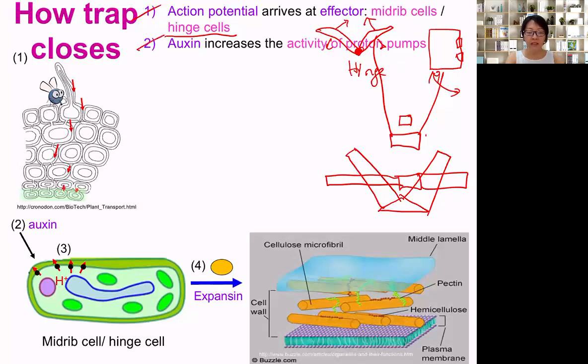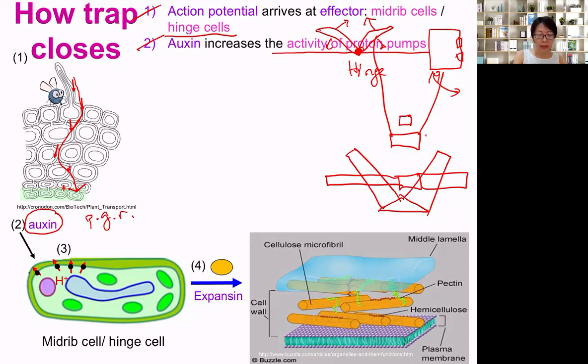Now, auxin. You see, action potential travels all the way from the sensory cell and then goes to the hinge cell, or the midrib cell. At the midrib cell, once action potential arrives, it will cause a plant growth regulator, auxin, to be secreted. This auxin will increase the activity of proton pumps.